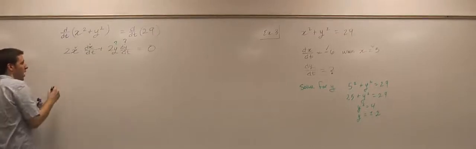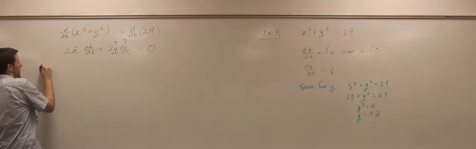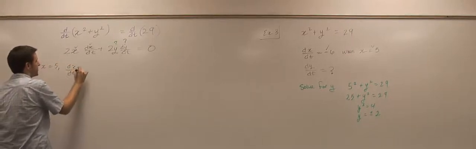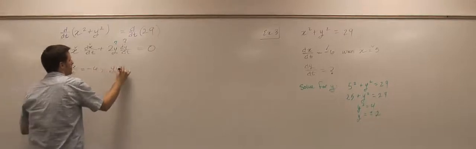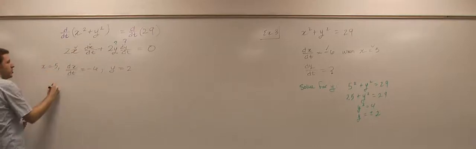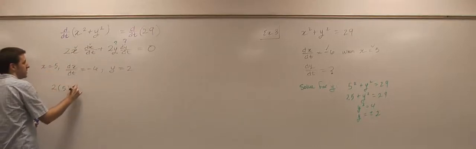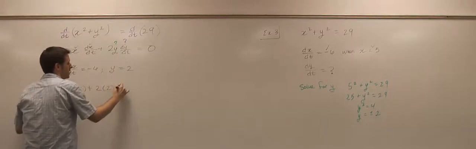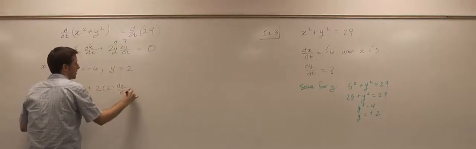So in here, when x equals 5, then dx/dt equals negative 6. And let's do y equals positive 2 first. Then we plug everything in. 2 times 5 times negative 6 plus 2 times 2 dy/dt equals 0.